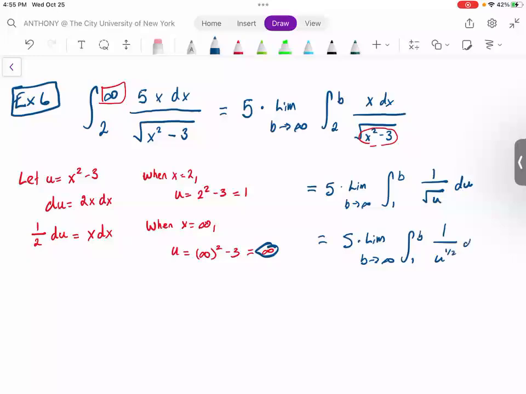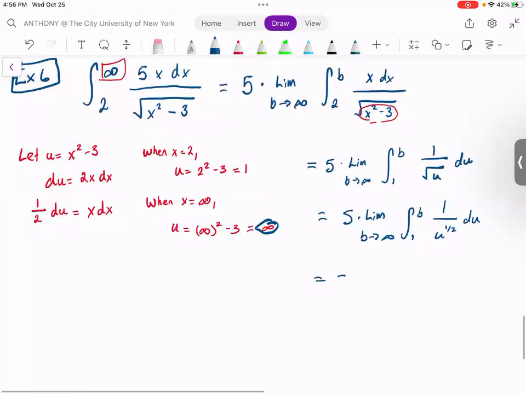We know from our nice little fact that if the power of your single term, your monomial, your variable, is between 0 and 1, including 1, it's going to diverge. That's by the p-series test. One sec. So you rewrite u to the 1/2. You get 5 times the limit as b approaches infinity from 1 to b of u to the negative 1/2 du.